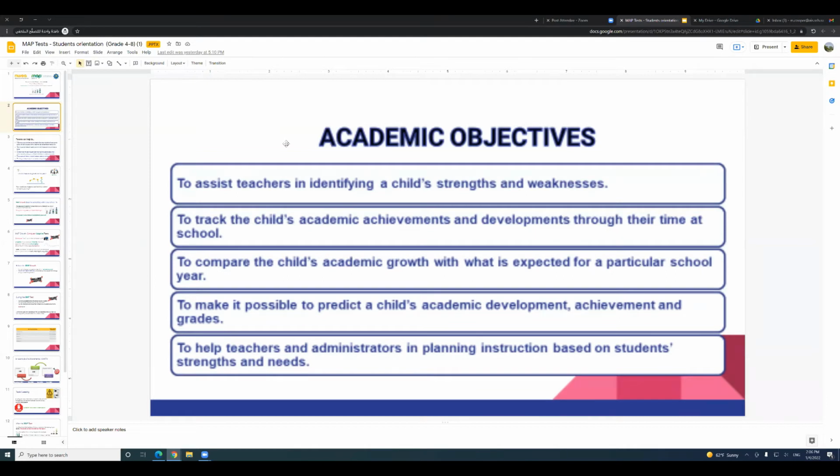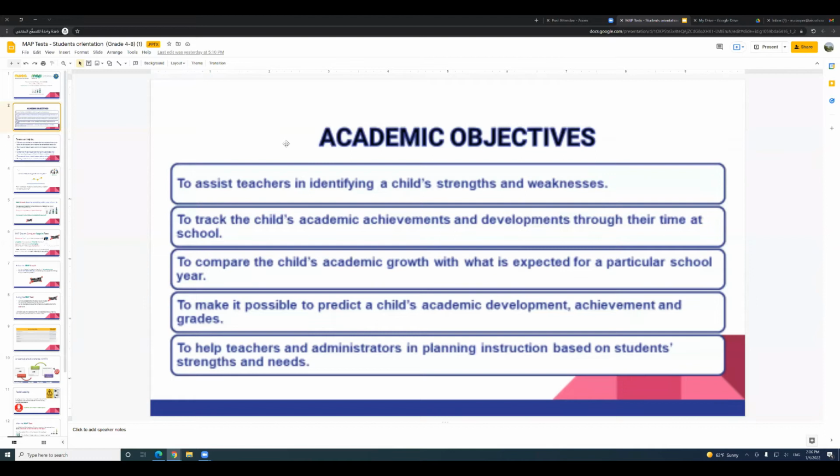First, I'm going to talk about the purpose and academic objectives of the MAP standardized test. The MAP is a suite of assessments that deliver data needed to make a difference in student progress. The MAP test is essential to assist teachers in identifying a child's strengths and weaknesses, and to track the child's academic achievements and development through their time at school.